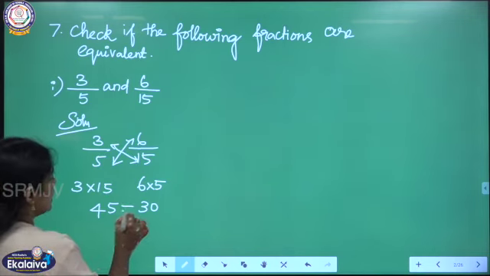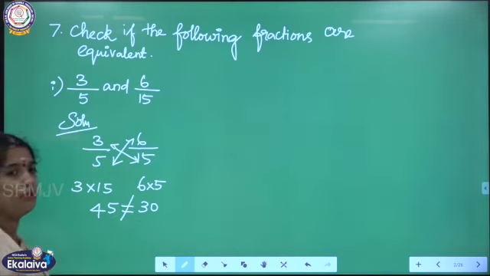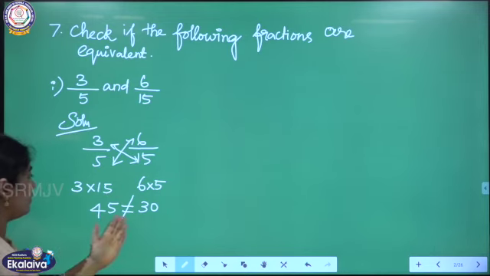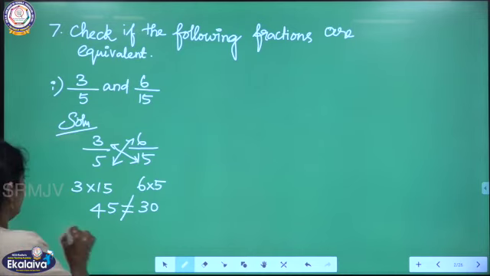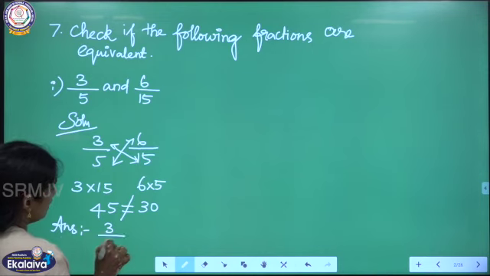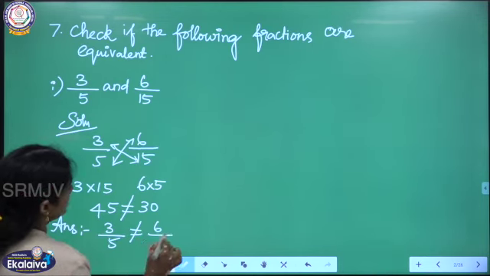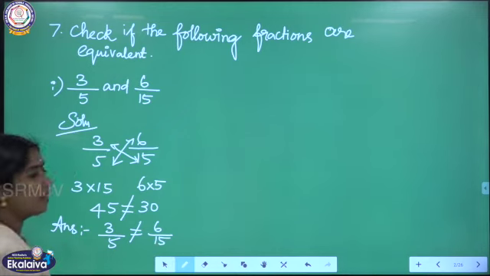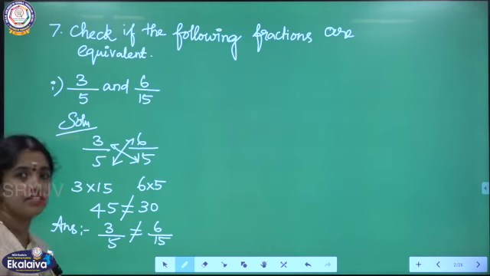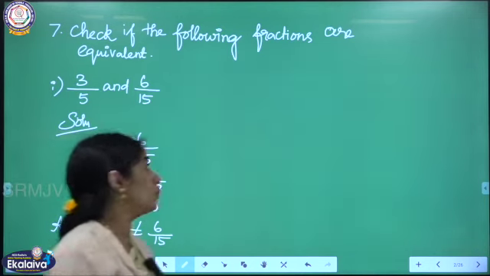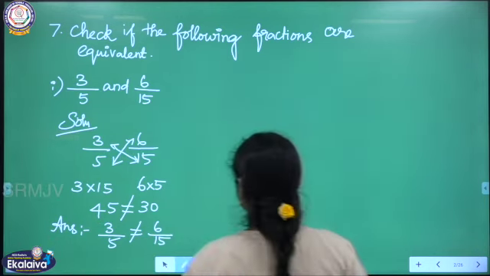No, they are not the same. 45 and 30 are there, so they are not equal. Now I am going to write the answer: 3 by 5 is not equal to 6 by 15. Here the product is not equal, therefore the given fractions are also not equal. Shall we move on to the next sum?